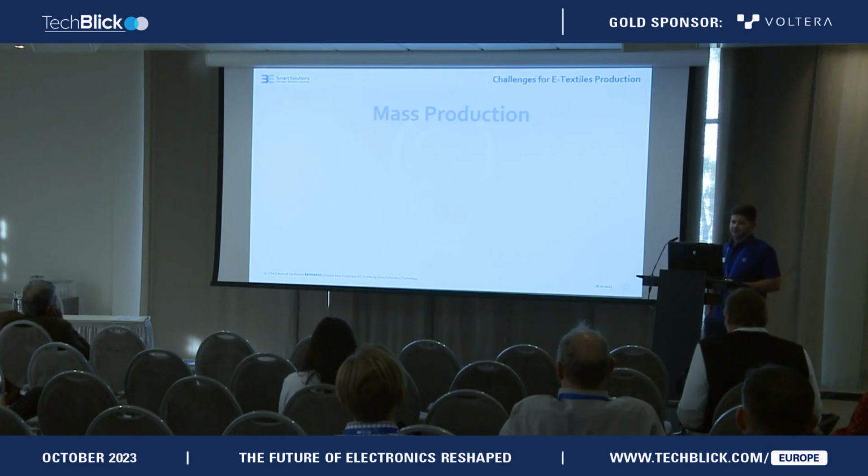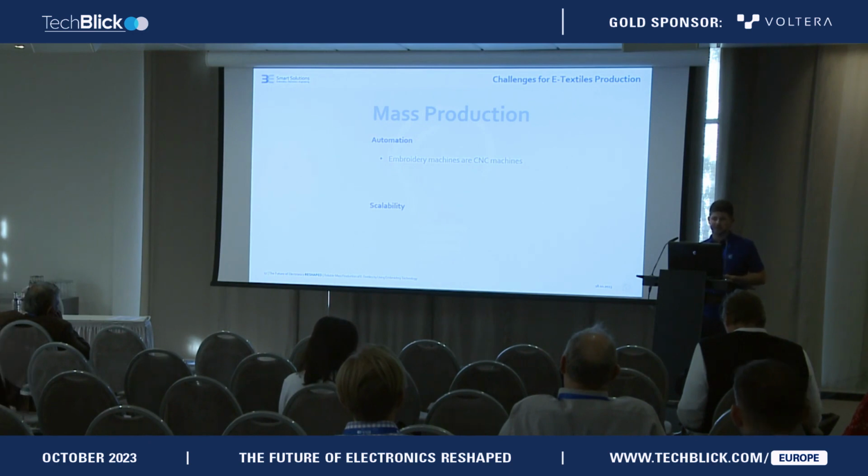Coming to the challenges for mass production. Mass production I would like to split into automation and scalability. When it comes to automation, I mentioned that embroidery machines are fully computerized, basically CNC machines. And here are some examples of what is possible.